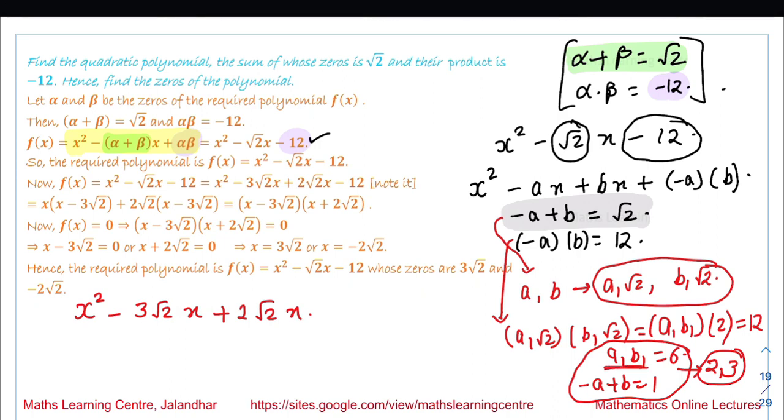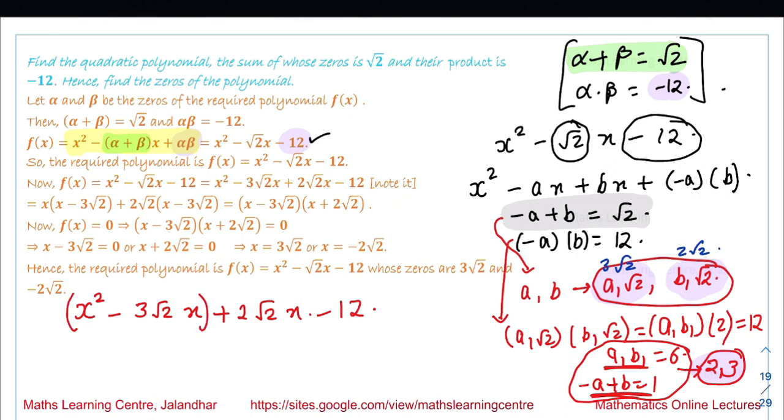These values a1 root 2 and b1 root 2 should be the numbers, so they are 3 root 2 and 2 root 2. So we obtain this value, and it is minus 12 over here.